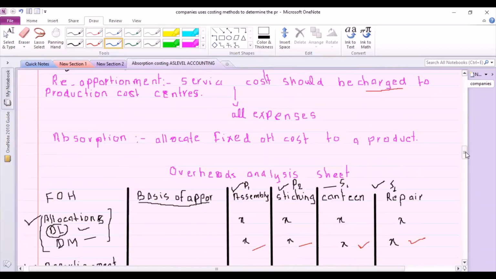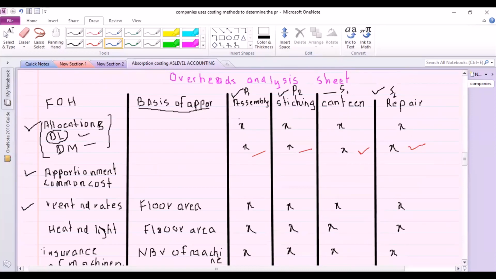Like direct material and direct labor, because we know how many workers are working in P1, P2, S1 and S2, and we know how much material and what type of material is used by P1, P2, S1 and S2. So it is very easy. So we just allocate these costs to the respective departments.